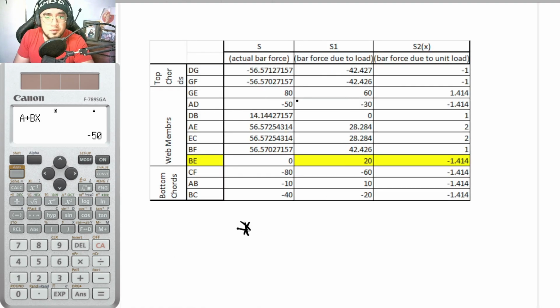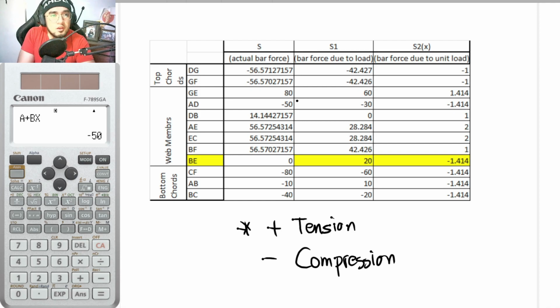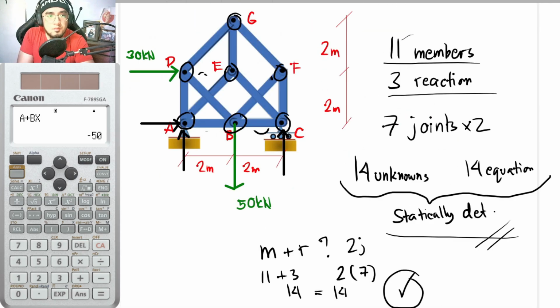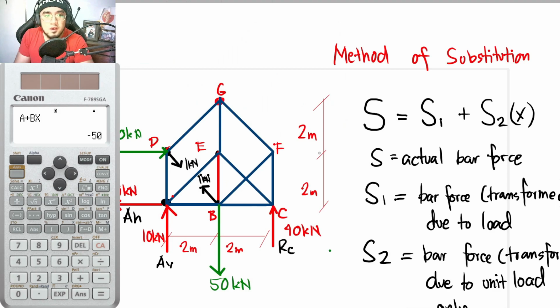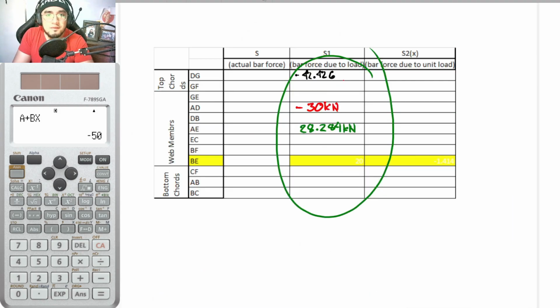Take note that for my methodology here, all of the positive values are tension and all of the negative values are under compression. This would be true if you are making use of method of joints. If you still do not know the bar force, always assume it to be positive.